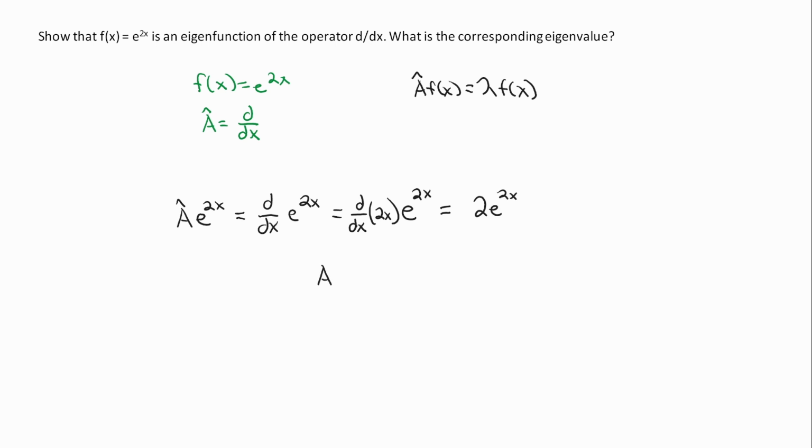So here we have our operator acting upon our function. And we can see we can actually extract our function out, so f of x, and then our 2 is the value in front of it, which corresponds to our lambda. So yes, this is an eigenfunction, and our corresponding eigenvalue is that lambda is equal to 2.